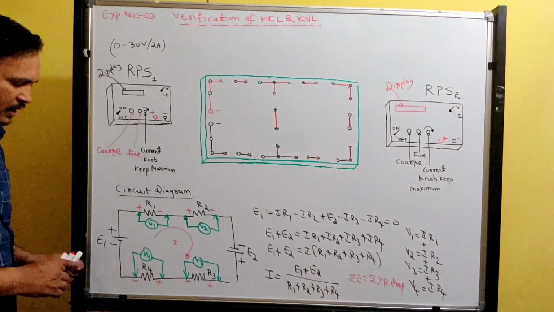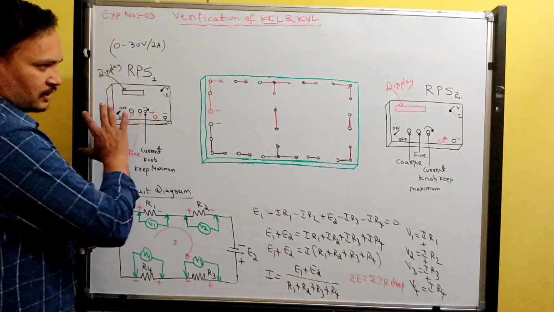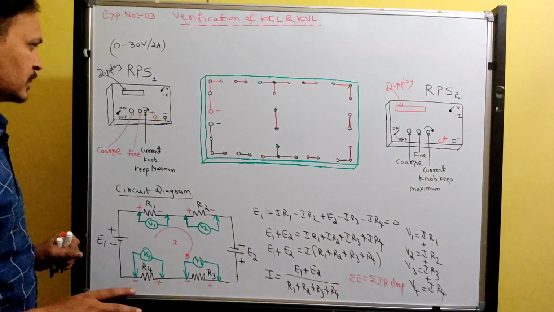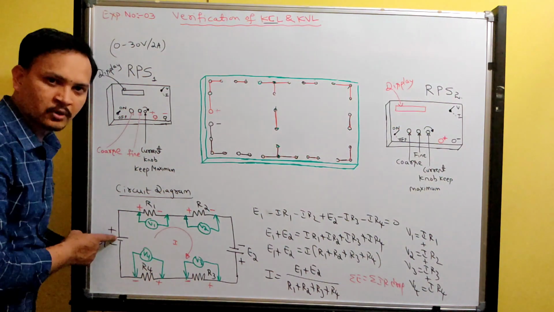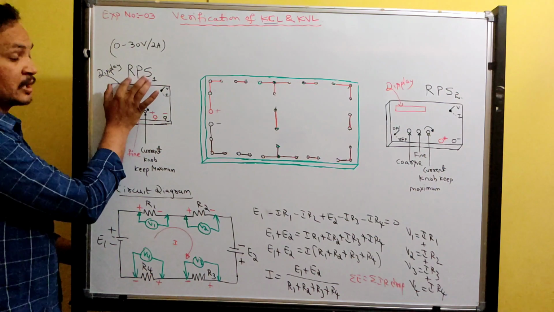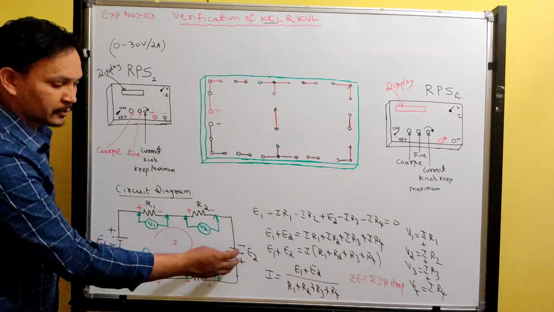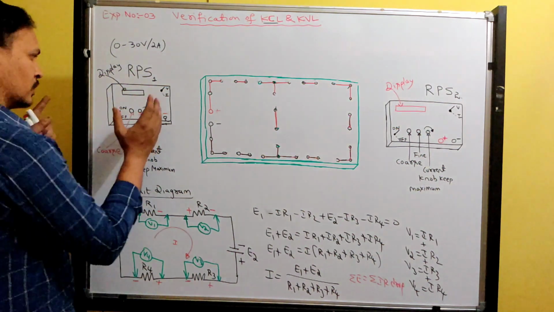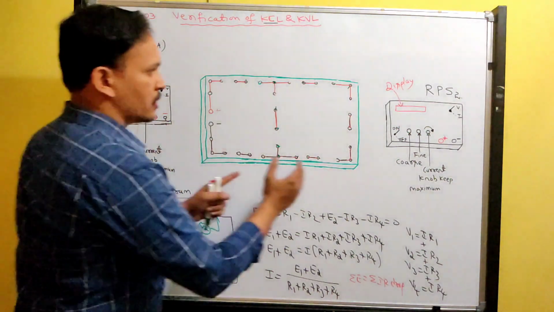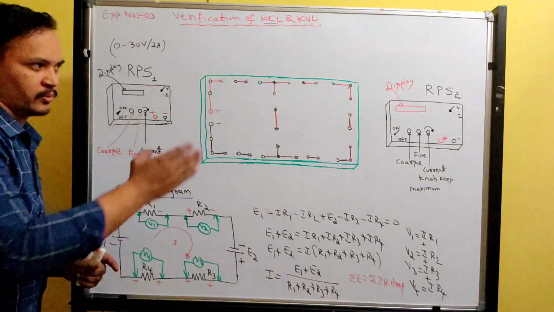Now we have to rig up this circuit in the experimental setup. For the EMF source, you will get an RPS, a regulated power supply. Two regulated power supplies are there, so I have taken RPS 1 and RPS 2.